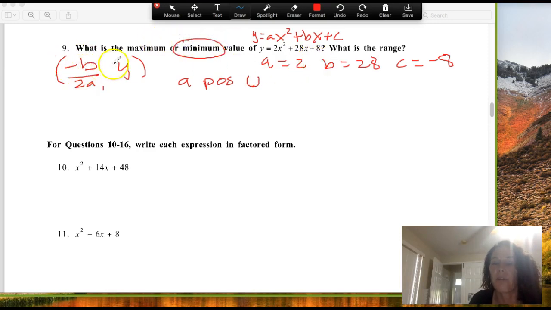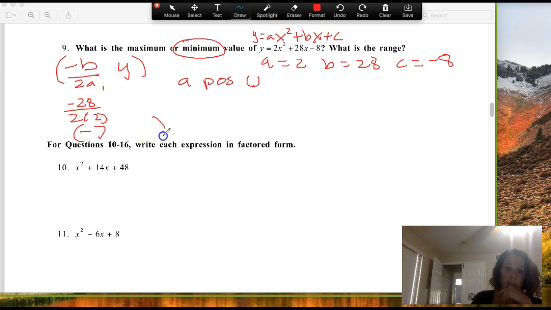Now let's go ahead and figure out what that is by figuring out what the vertex is. So I'm going to go -b, which will be -28, over 2 times my A value, which is 2. So this will be -28 divided by 2 times 2, which is 4, and that's going to give me -7. So -7 will be the x value of my vertex. Now to figure out the y value of my vertex, I take -7 and plug it back into my equation.